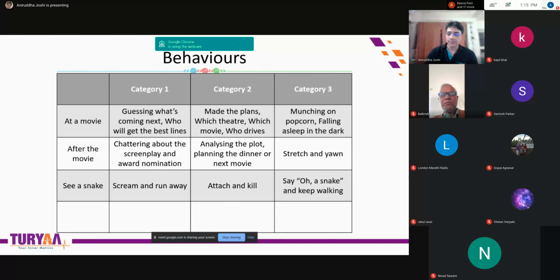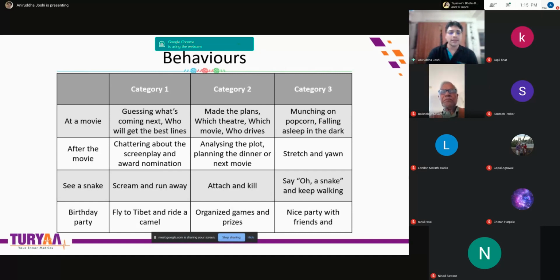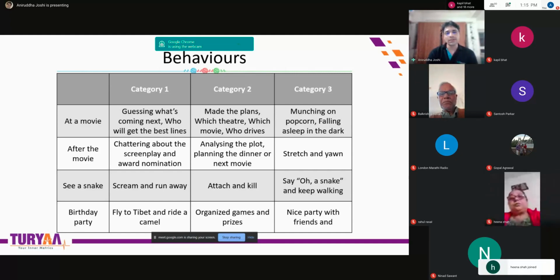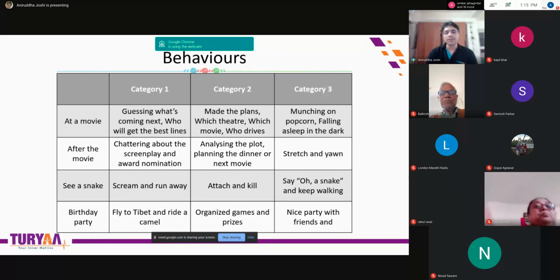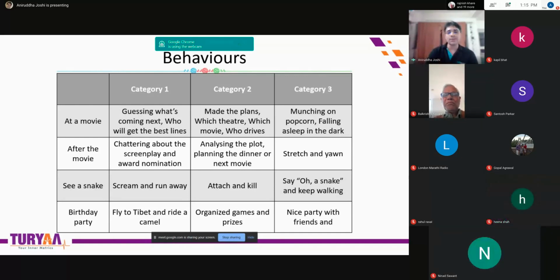In fact, if we are arranging a birthday party instead of a movie, the first category of people create a bit of mischief, and so on. The second category of people are very categorical. They will organize games, they will organize prizes, they will decide how many people will come, how they will come, and so on. And the third category of people are enjoying their party, so they will just broadcast that, just come, let's have fun, and so on.